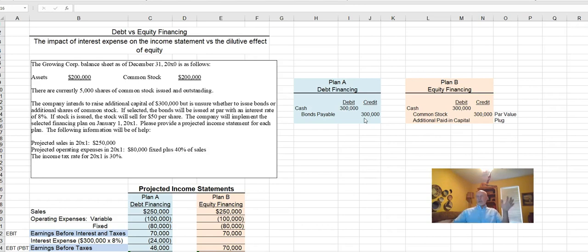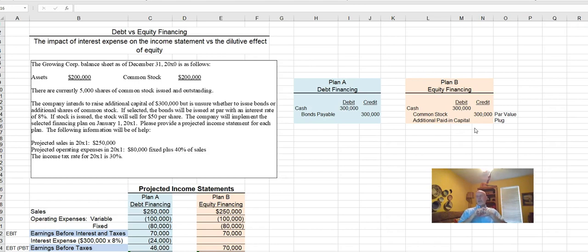So we're still going to get $300,000, that'd be the debit to cash, and we're going to credit the stock account for that $300,000. Now in the chapter I talk about the par value and the additional paid-in capital, and you can look at that discussion. I'm not going to test over that, and so I'm not going to get into that in this video right now.